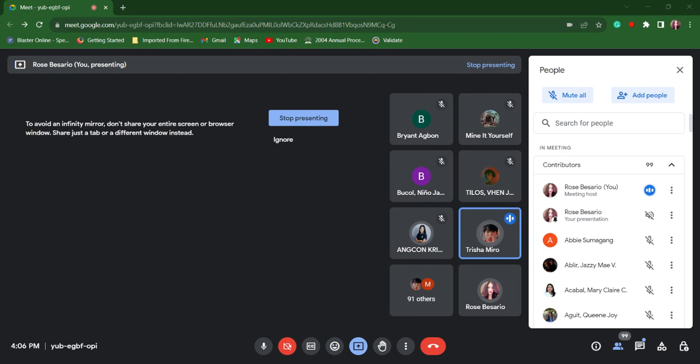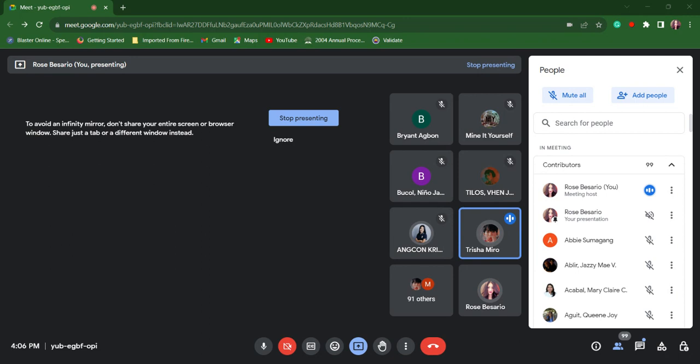So that's 600,000 times 8% times 6/12. That is 24,000. So total nga gibayaran niya is 624,000. So bantayan sad ninyo kung unsay term sa payment.